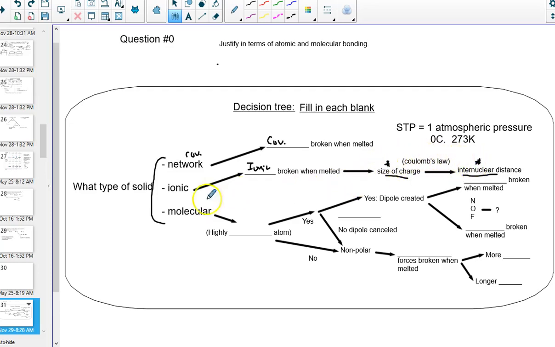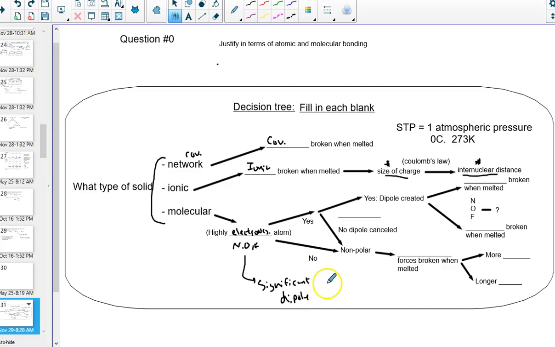Okay. All right. What if we're molecular? Now again, I tend to look for a highly electronegative atom: nitrogen, oxygen, fluorine. This is going to give me a significant dipole. Again, how you want to organize it in your brain, that's fine.